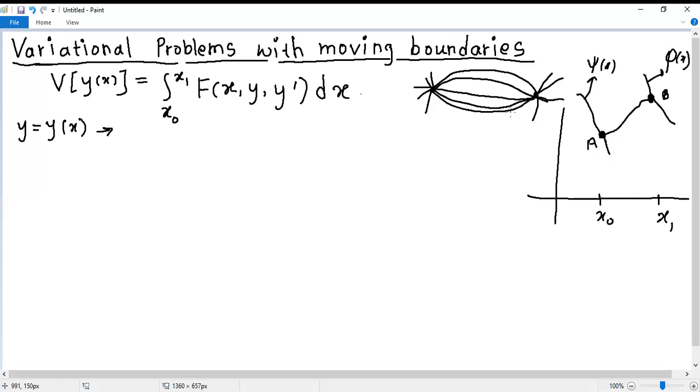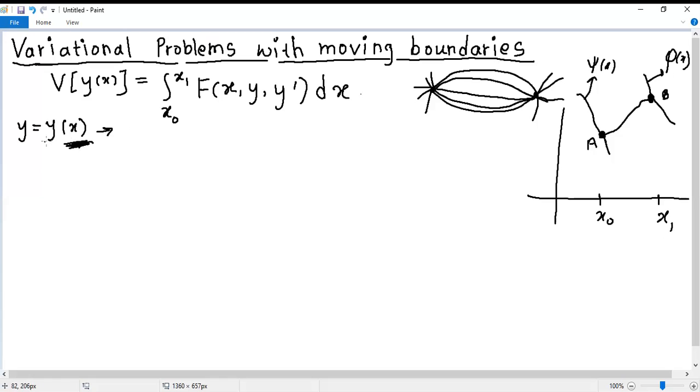Therefore the basic condition for attaining an extremum in a problem with fixed boundary points applies. And what is that necessary condition? It is that the curve should satisfy the Euler-Lagrange differential equation. So this condition must also be satisfied by this y of x, the curve on which the extremum is attained in a moving boundary problem. Because of the reason I already gave, this curve should also satisfy the Euler-Lagrange differential equation.